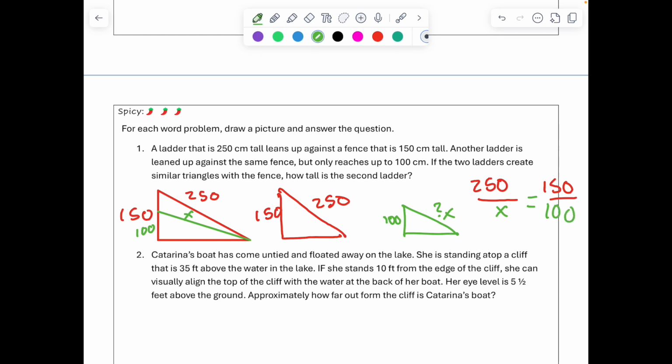I'm going to cross multiply, so 250 times 100 is 25,000. That's 150x. And then I'm just going to divide both sides by 150, so x equals 166.6. So the ladder is 166.6 centimeters.